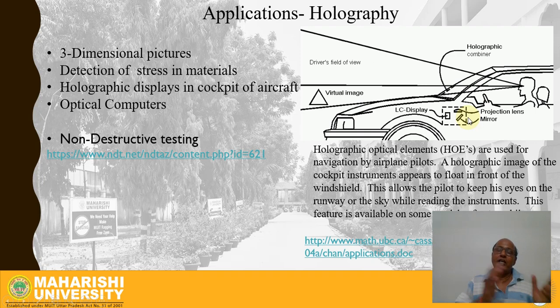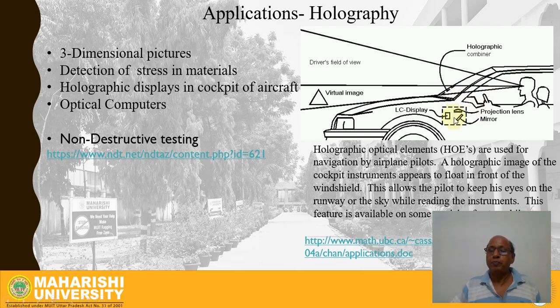A similar thing is in the aeroplane also, and this becomes more important in the aeroplane because the speed of the aeroplane is very high, so the pilot doesn't have time to look at the information available on the dashboard or on the panel.